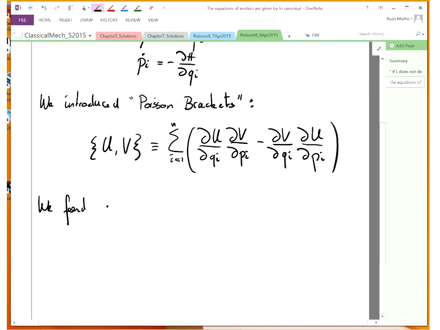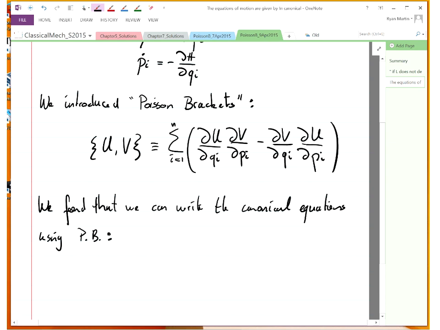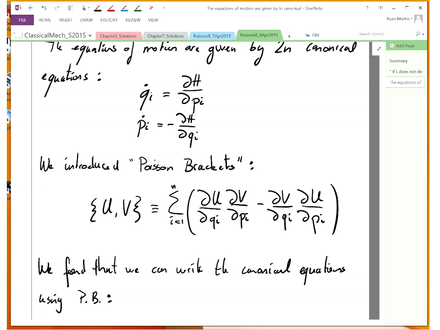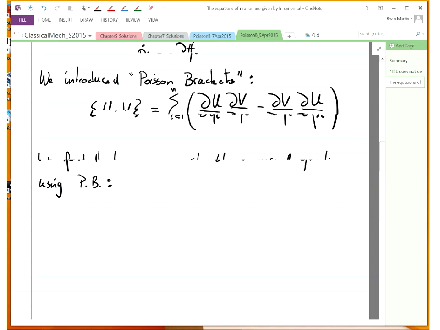So we found that we can write the canonical equations using Poisson brackets. The canonical equations were already pretty simple, but then you could easily maybe forget which one has the minus sign.